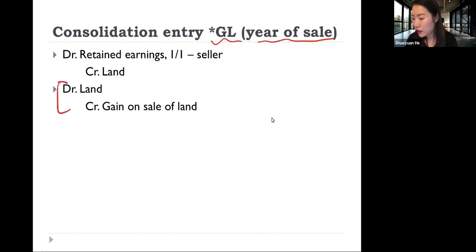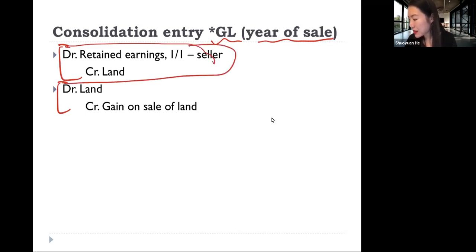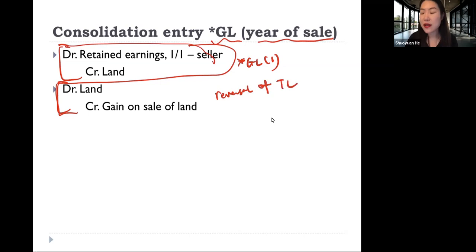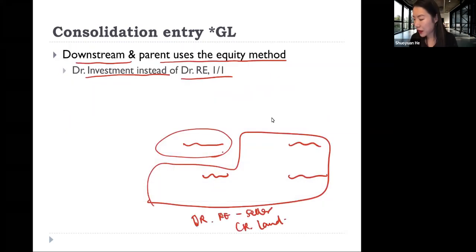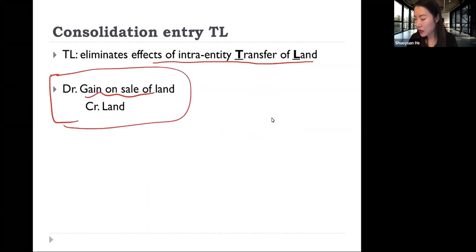So this entry is the same as the *GL entry version 1 that we talked about a minute ago. And the second entry is basically a reversal of the TL entry. Our TL entry is to debit gain on sale of land, credit land.